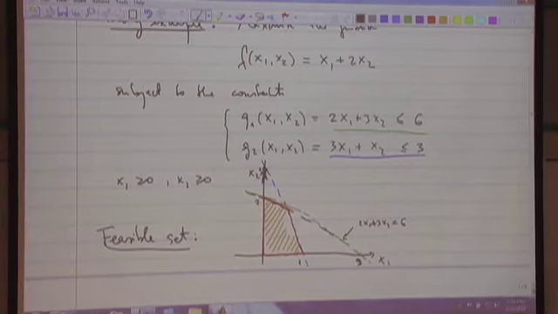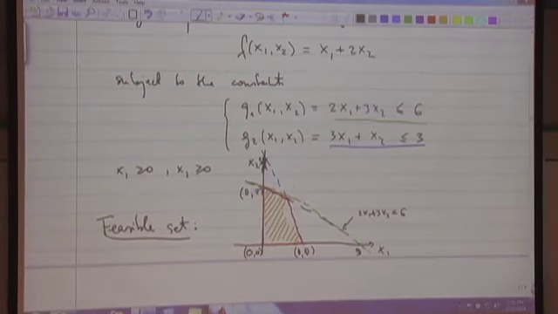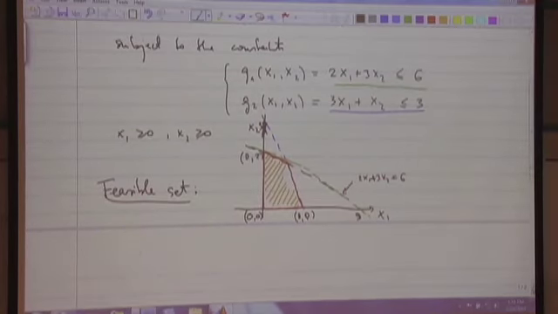Now, first of all, you could identify all the vertices of this region. As I said, this is 0, 2. This is 1, 0. This was 0, 0. And the last one is obtained by solving the system 2x1 plus 3x2 equals 6, 3x1 plus x2 equals 3.